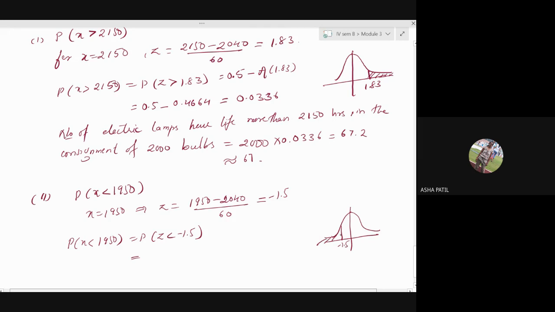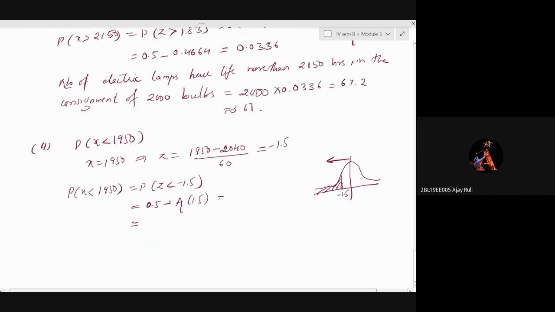This part you know. So we'll write again total area towards the left side 0.5 minus the unshaded portion, that is A of 1.5. What's the value? 0.0668.